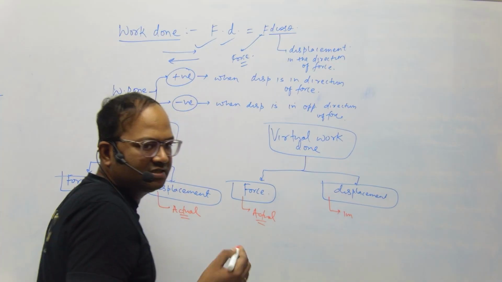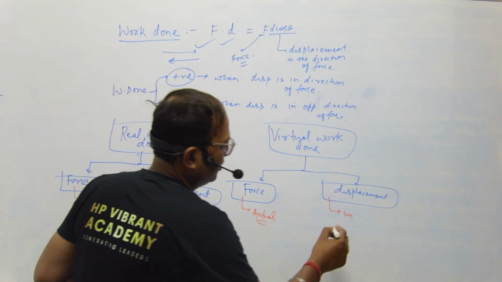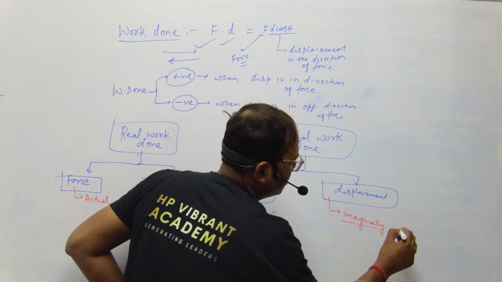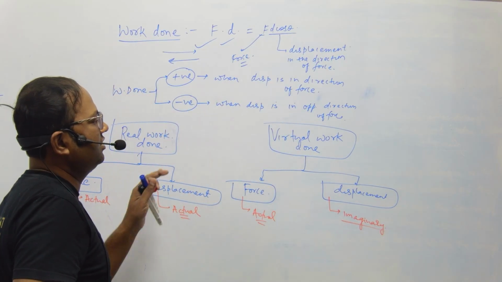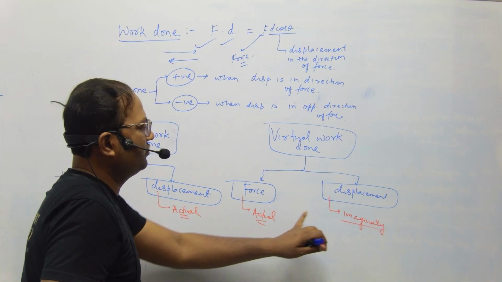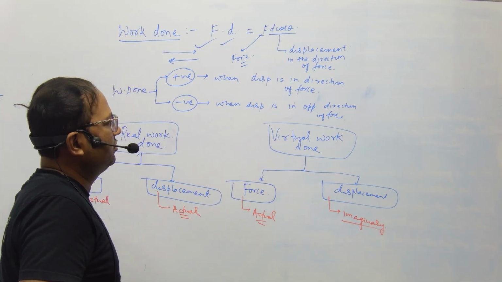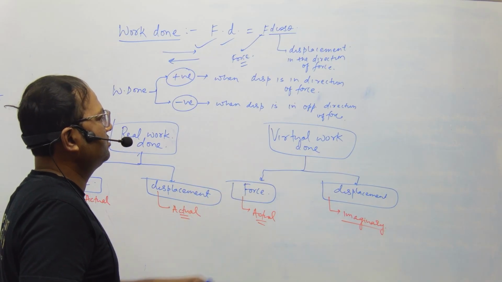We just imagine that the displacement is happening. In actuality there is no displacement, but we imagine that there is some displacement. Based on the force and the imaginary displacement, also known as virtual displacement, the work is done, and that work is known as virtual work.